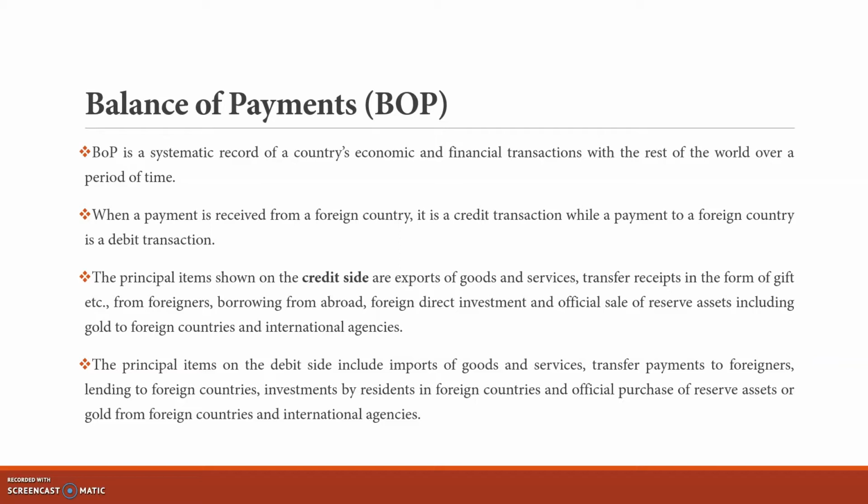One is exports of goods and services, transfer receipts in the form of gifts etc. from foreigners, then borrowing from abroad, foreign direct investment, and official sale of reserve assets including gold to foreign countries and international agencies. We will see one by one. On the credit side, we take into account the exports of goods and services, that also come under balance of payments.